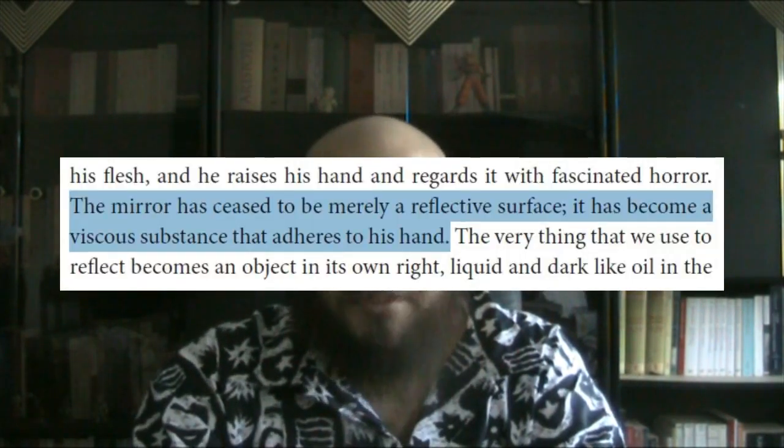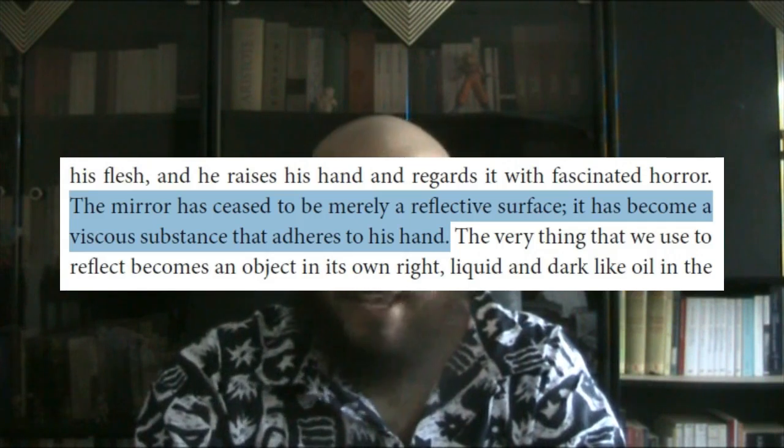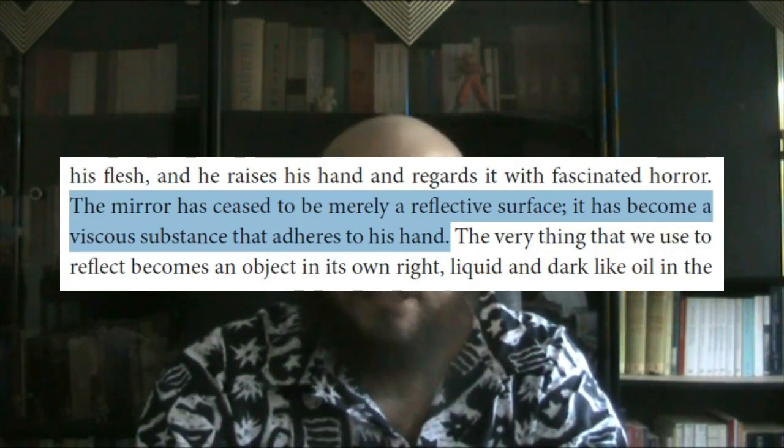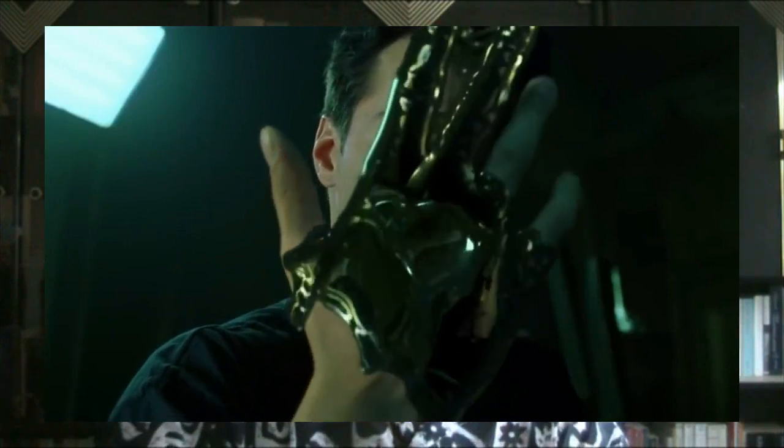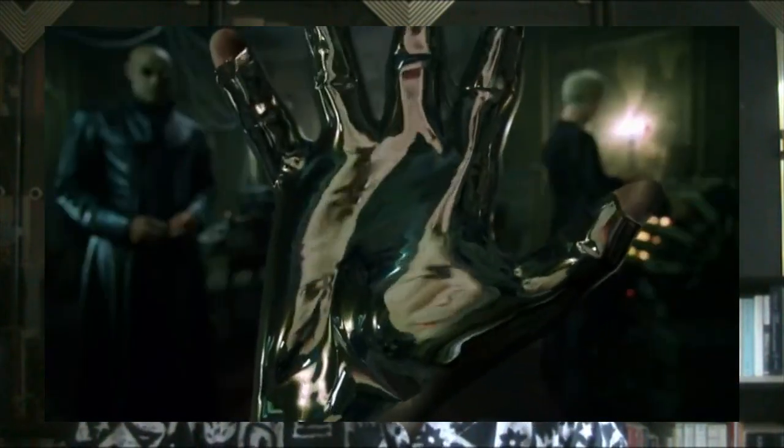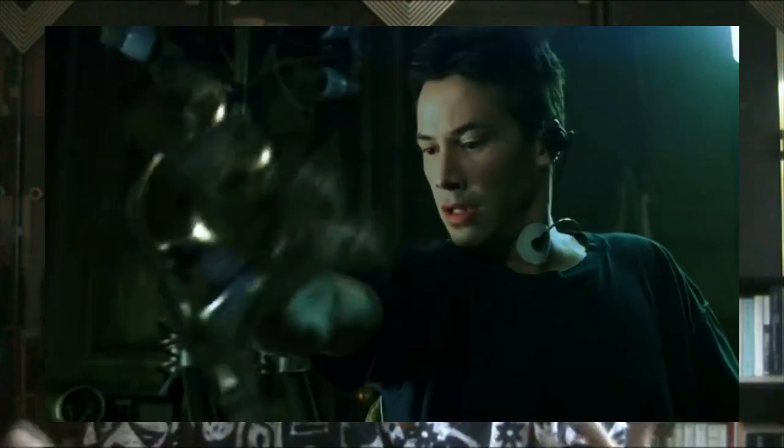So basically, Neo looks at his hand and, to quote Morton, the mirror has ceased to be merely a reflective surface. It has become a viscous substance that adheres to his hand. Like the viscosity breaks the mirror, since the mirror sends back a reflection of something standing in front of it, so it didn't absorb it yet, let's say, or blend with it, but once it adheres to his hand, once it harmonizes itself with it, like the music does to you, well, then there is no Neo anymore, right?